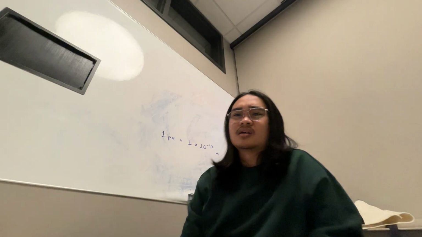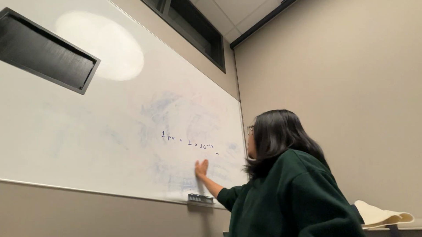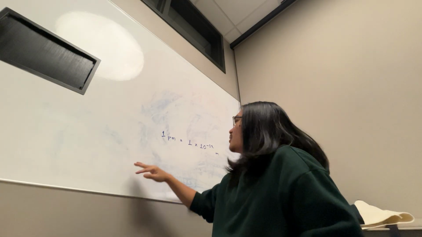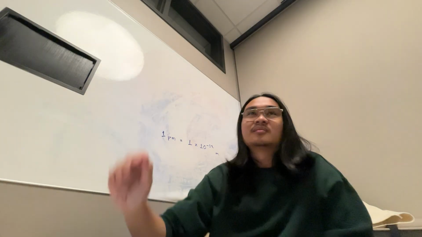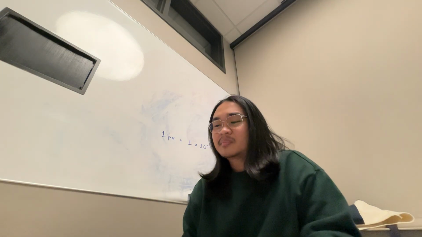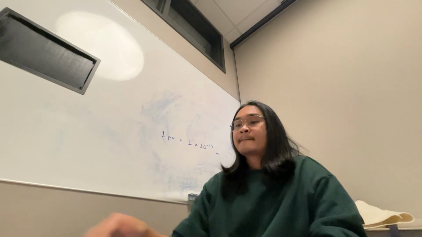So that's how small a picometer is, right? The mole that I drew here earlier smudged all over the place because I was just using my hand to erase all of this. Okay, so describe any patterns in atomic radius you see in figure 1.